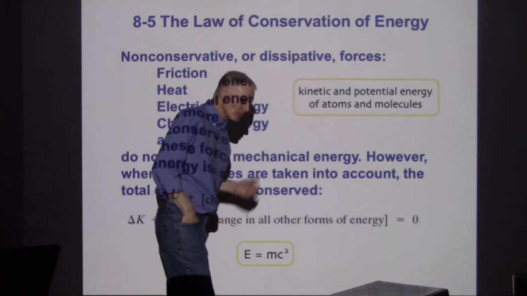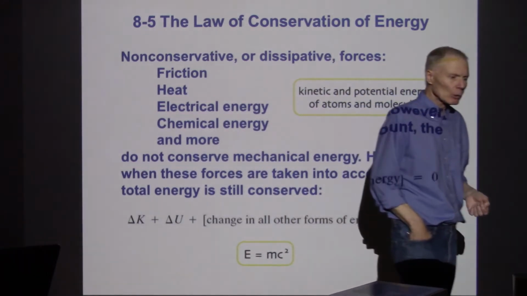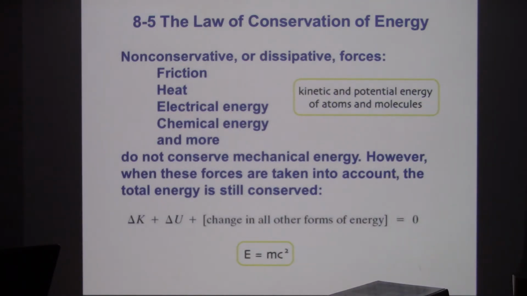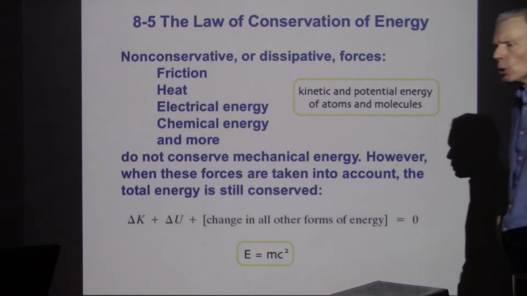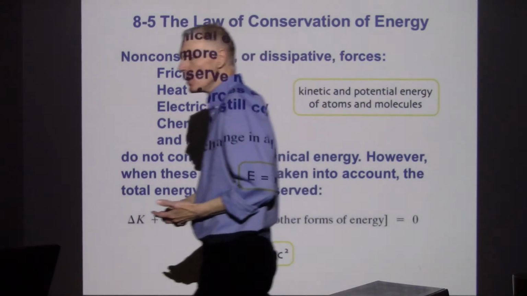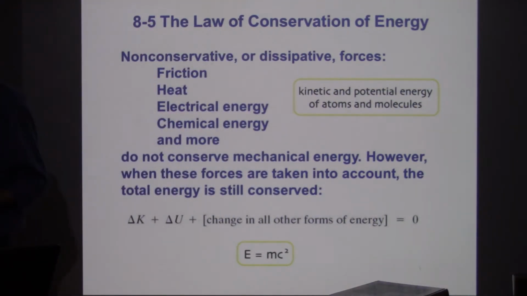When we come back in Physics 4C and look at nuclear reactions and look at particle interactions, we find out that the mass, when we look at special relativity, is not fixed. Mass is not a conserved quantity when we start looking at nuclear and particle reactions.